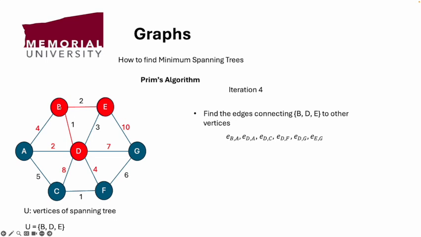And then we have DA, DC, DF, and DG. And for E, we have EG. That's it. We can only find these paths, on the red mark. Which is smallest?